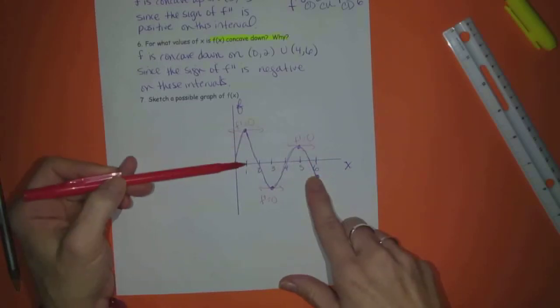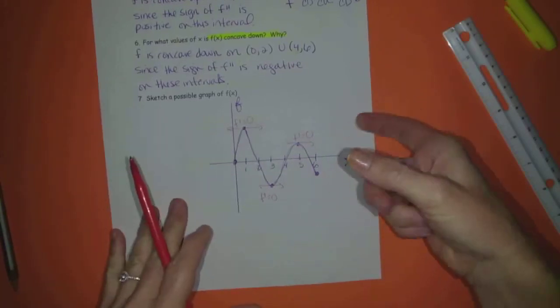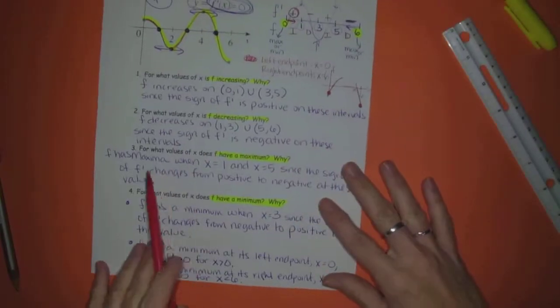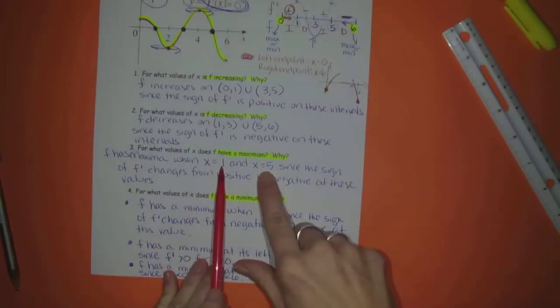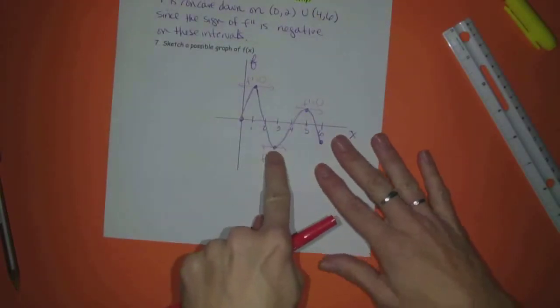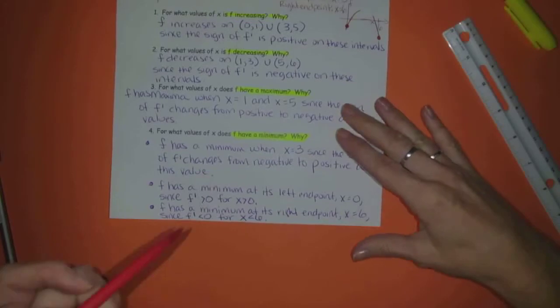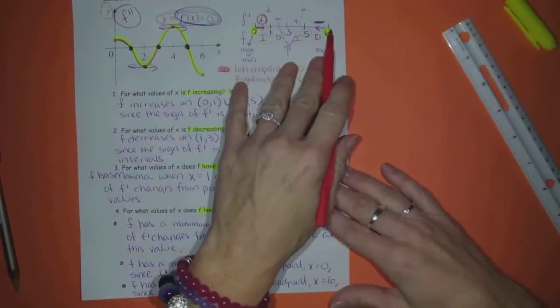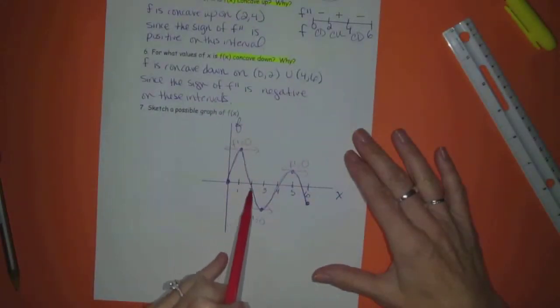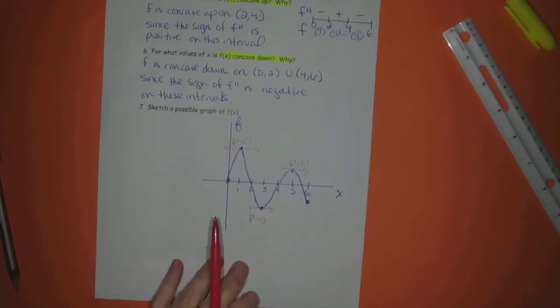I've got the two maxima right here. So did I say that there were maxima at 1 and 5? Let's see. Maxima, 1 and 5. Bada bing, there it is. Did I say there was a minimum at 3? Minimum 3. Got it. Increasing, decreasing, increasing, decreasing. Okay, great.